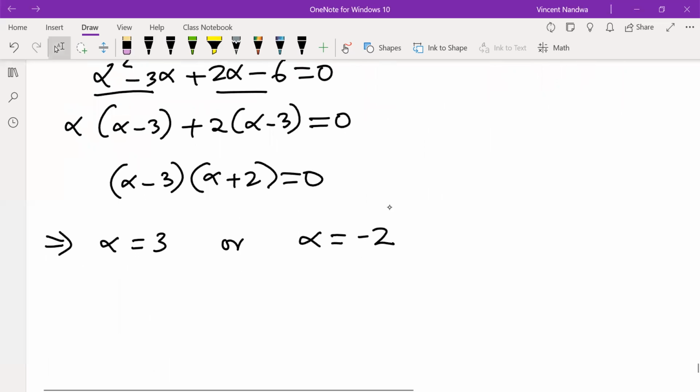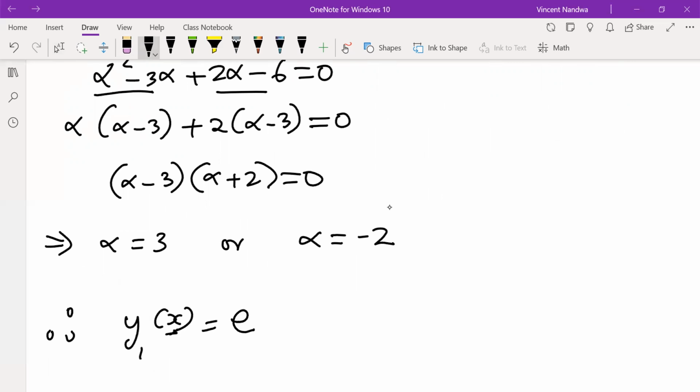So therefore, y1 of x is e raised power 3x, and y2 of x is e raised power minus 2x.